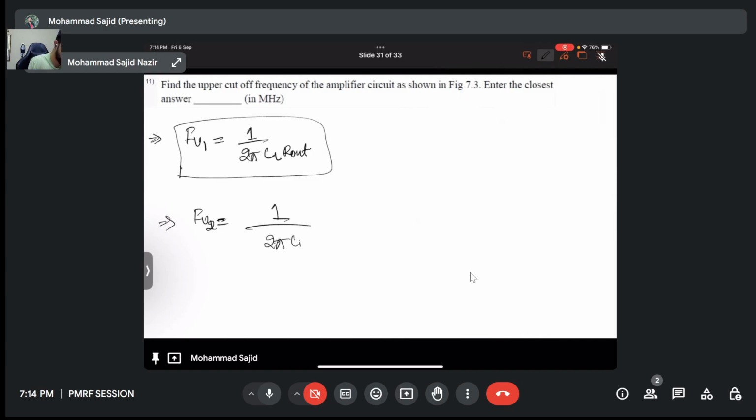You just need to calculate both frequencies to check which one is the upper cutoff. These are the two poles. We need to calculate it.